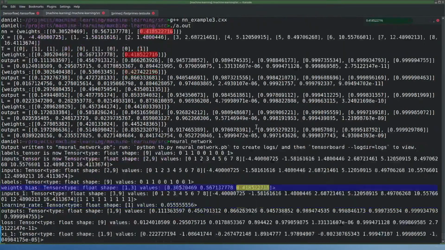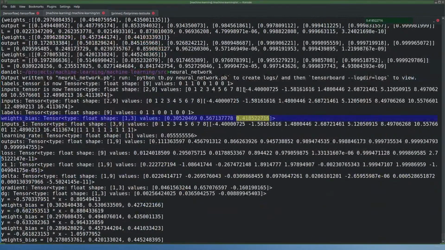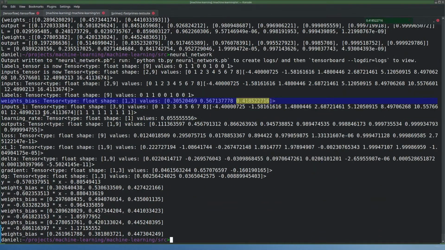Finally, we have them printing the same thing. So then the TensorFlow calculates, I think this is the loss with the initial values and the output with the initial values.